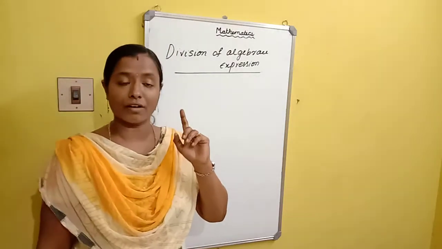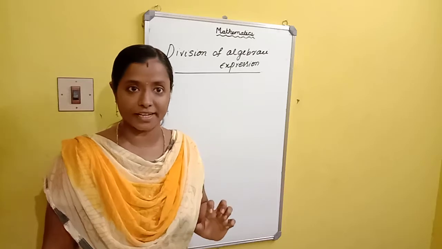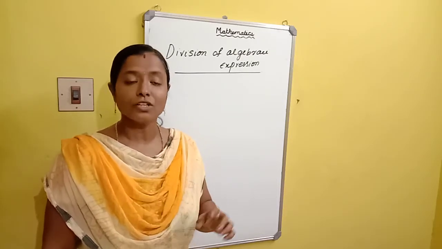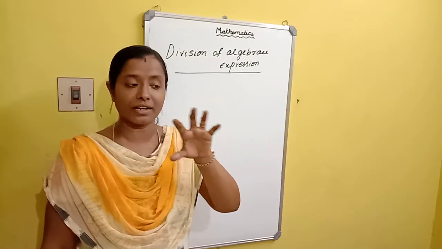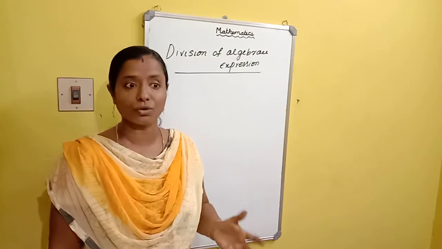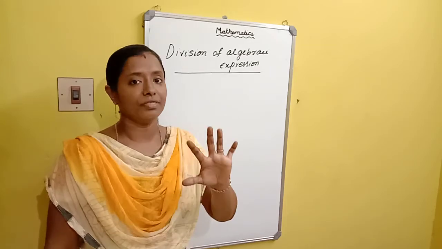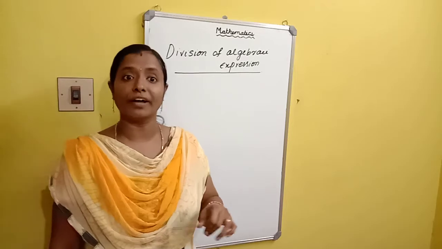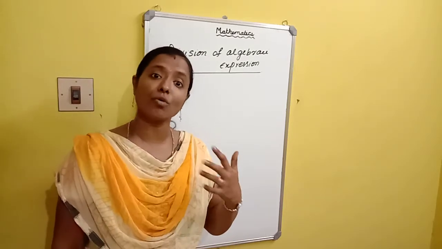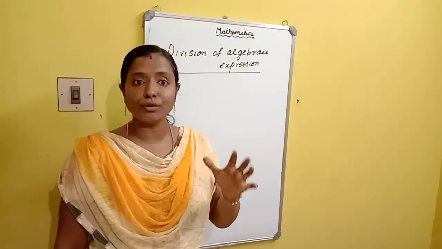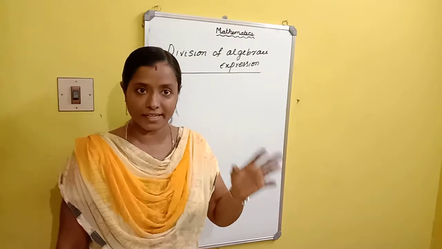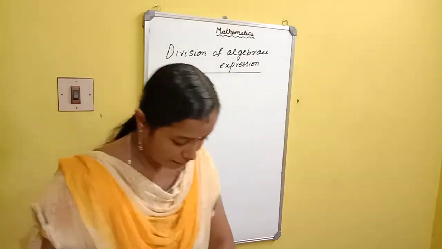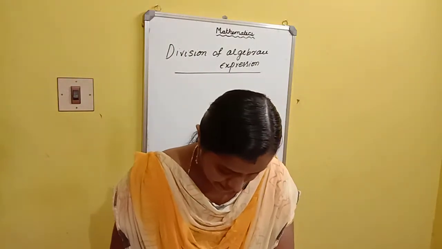Given one algebraic expression divided by one monomial, that is only one term, and the expression contains 3 or 4 terms, each term is divided by that monomial. After that, one algebraic expression divided by a polynomial, meaning 2 or 3 terms: first we simplify that algebraic expression and then divide it. Through the examples you can understand.